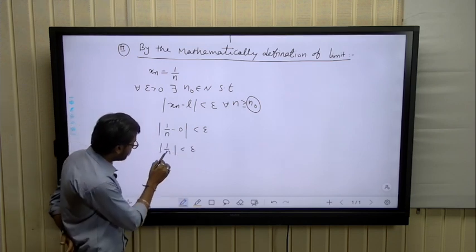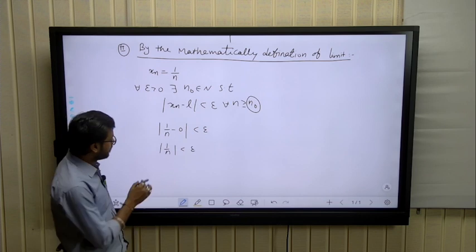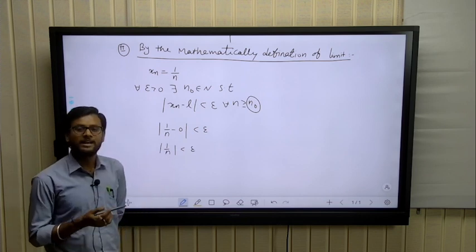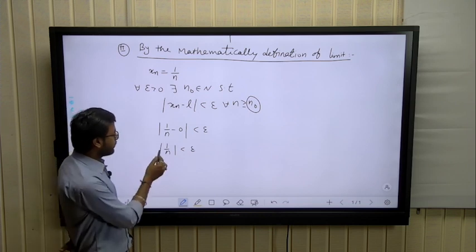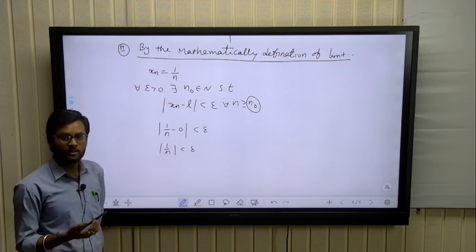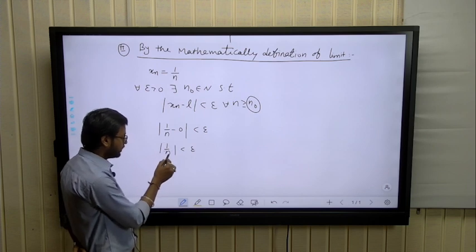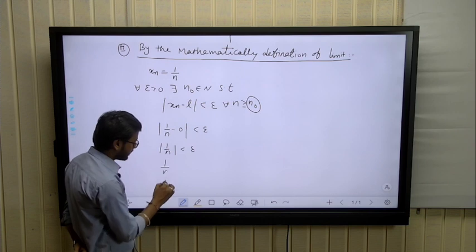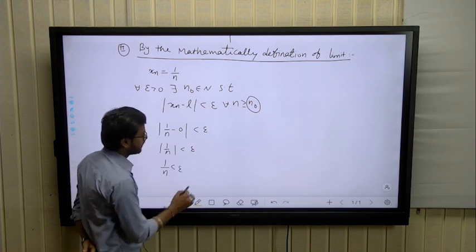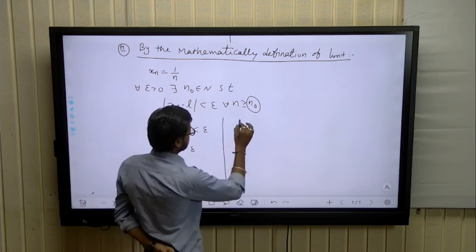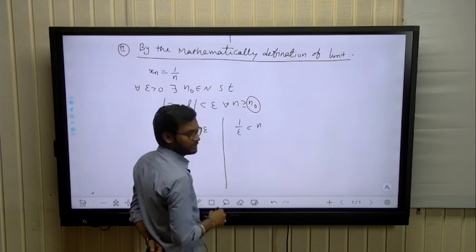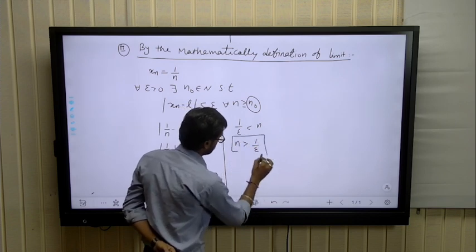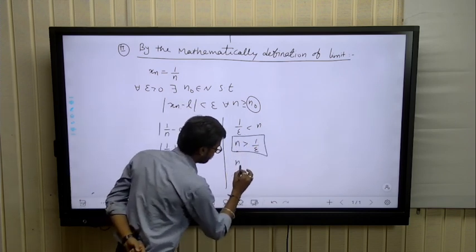Okay. Now we all know that n is a natural number, and a natural number is positive. 1 upon a positive number is always a positive number, so the term inside the mod function is positive. So it opens in the positive manner, less than epsilon, and now we solve it: 1 upon epsilon less than n, so n is greater than 1 upon epsilon.